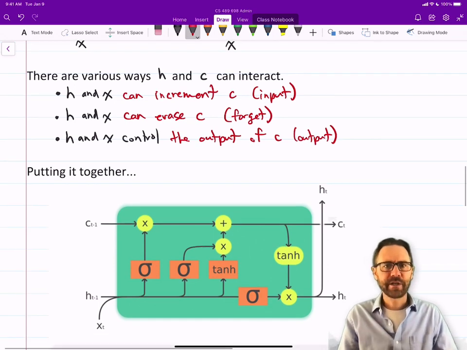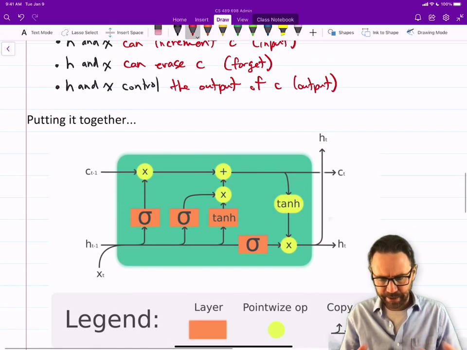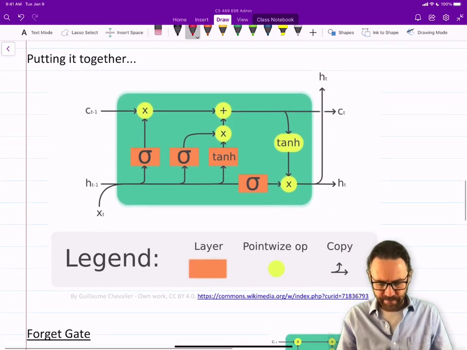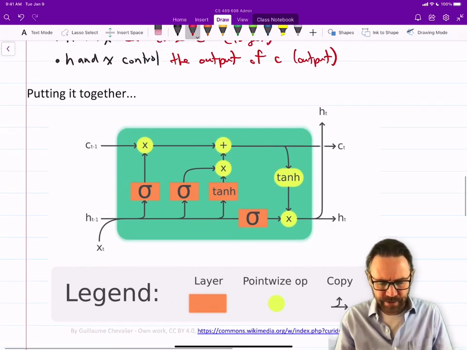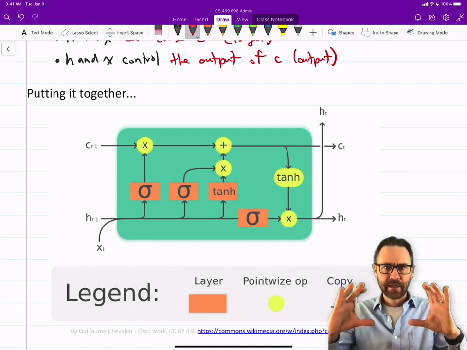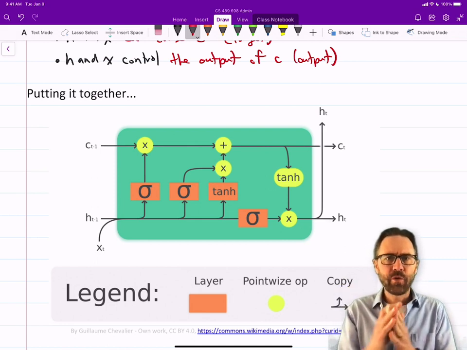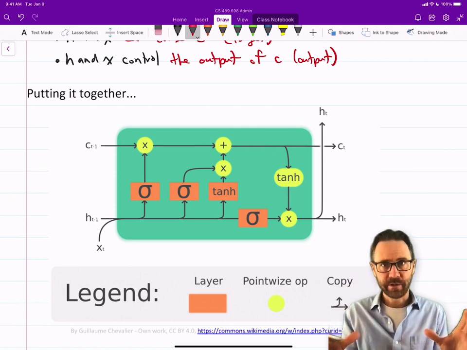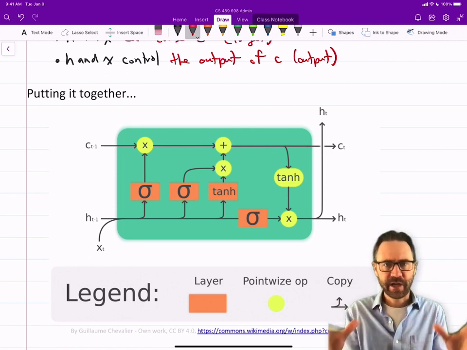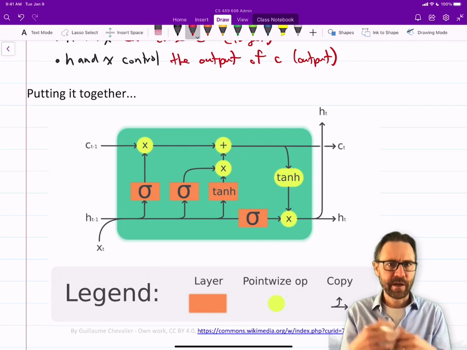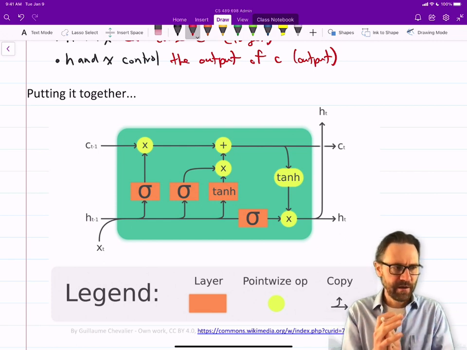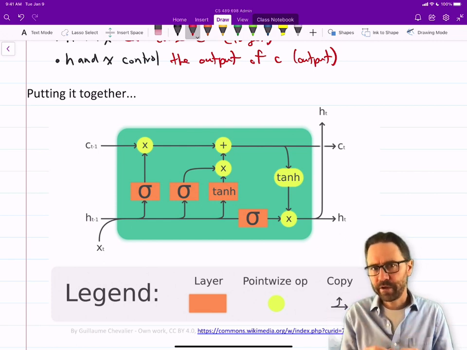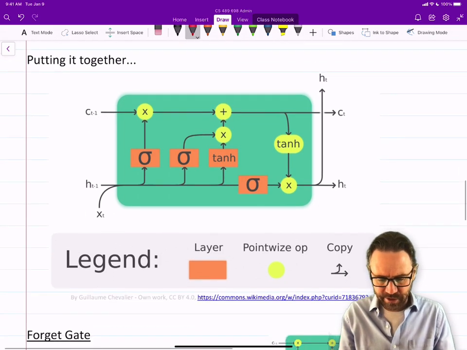Okay, so putting it all together, we get this picture. This is taken from this link down here, so it's just a drawing. This whole rectangle is one LSTM unit, but it's got many neurons in it, many different sets of connection weights and biases, and many different layers of neurons. So let's look at this a little carefully here.